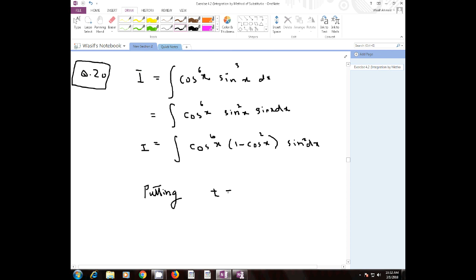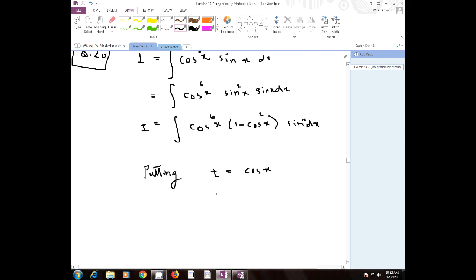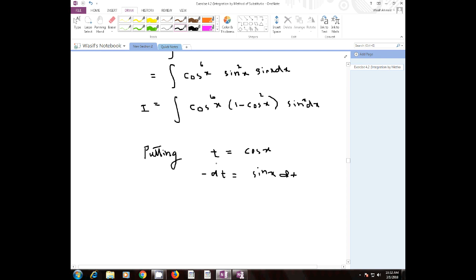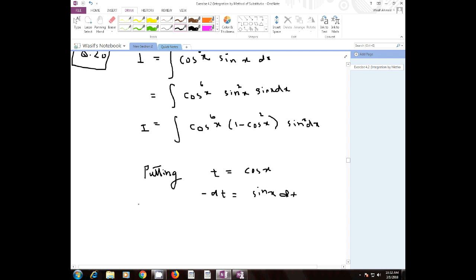You have to put t equal to cos x, so that you have dt equal to minus sine x dx, or sine x dx is equal to minus dt, and you have to substitute back these values into your original integral.